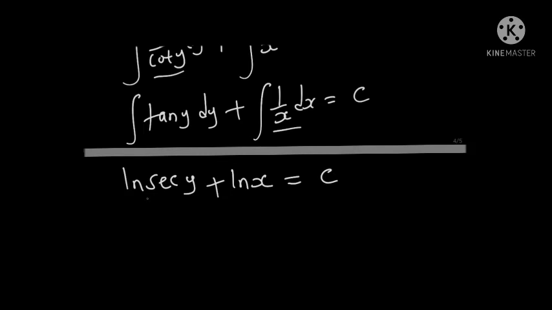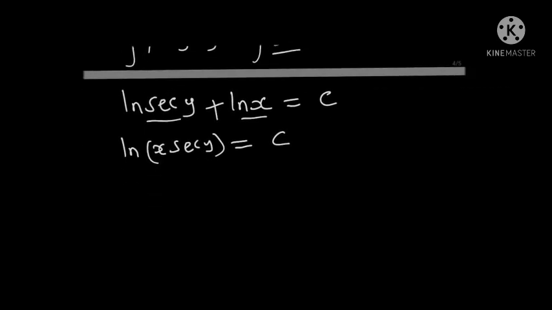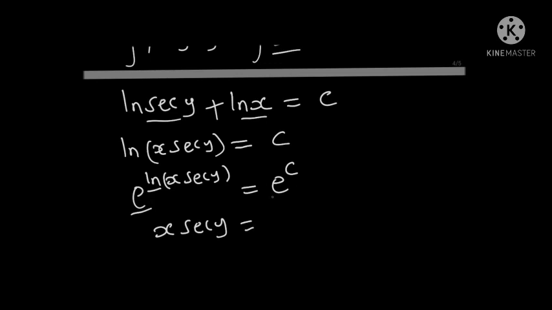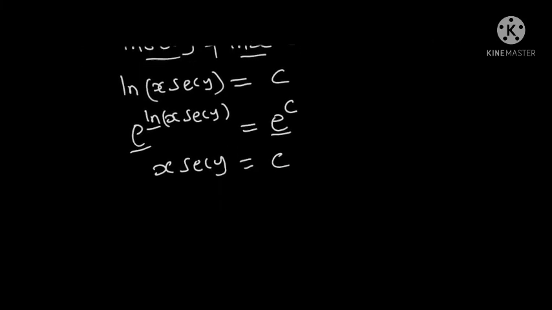Again, a property of ln allows us to combine them, ln of x sec y, and again equate this to c. We can raise both sides to the exponent, so we have e to the ln of x sec y equals e to the c. Exponent and ln will cancel. We have x sec y equals e to the c, which is a constant, say c.